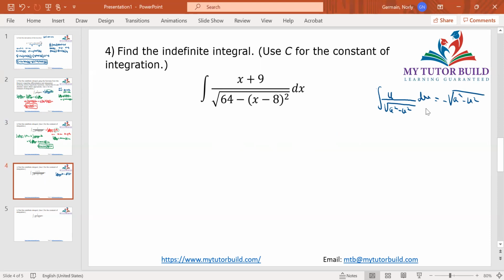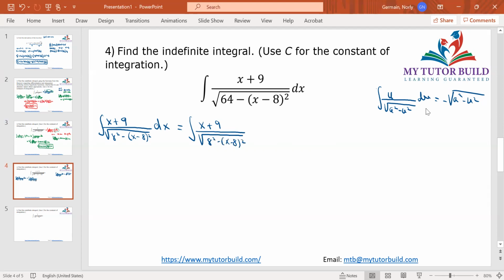So what we're going to do is take the x plus 9 we have up here, with the square root of 8 squared minus (x minus 8) squared dx. I'm going to rewrite it as x plus 9, keep it as is, over square root of 8 squared minus (x minus 8) squared.